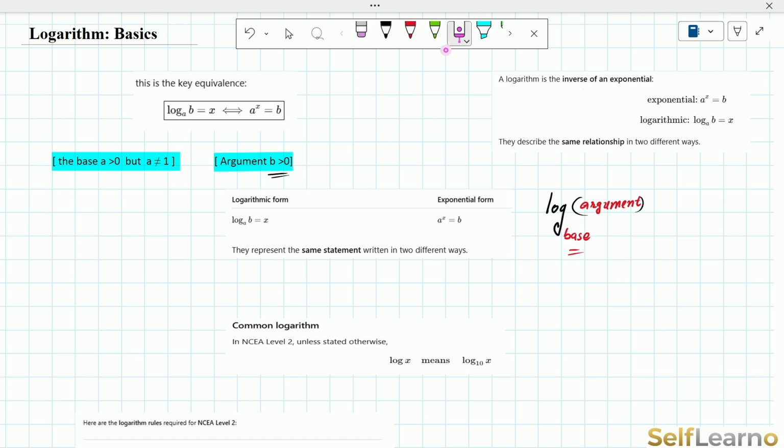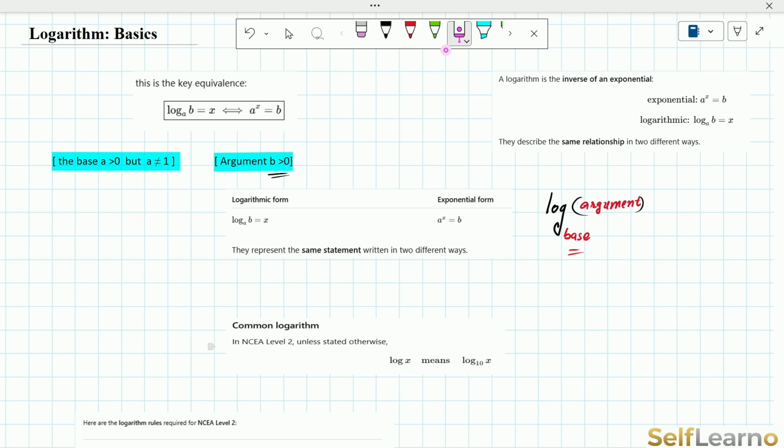Now, in our NCEA level 2, these kind of things are also written, log x. So whenever this log x is written, you should assume that the base is 10.